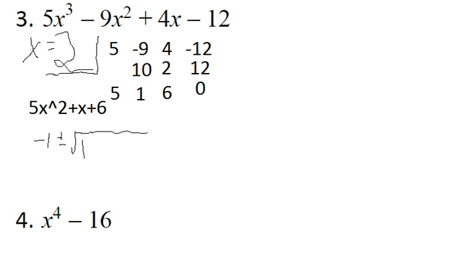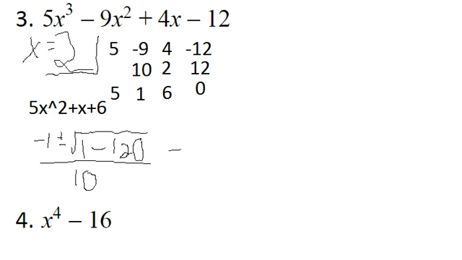Then minus 4 times a times c. A is 5, c is 6. So minus 4 times a, 4 times 5 is 20, times c, 6 is 120. 4 times 5 times 6 gives us that beautiful 120. All over 2 times a. 2 times 5 is 10.